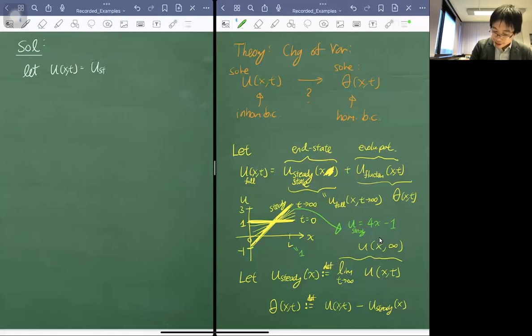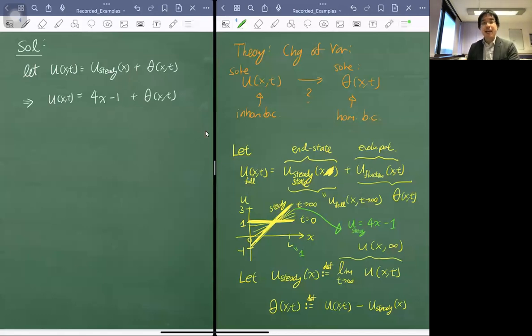But I'll just write a few more words for clarity, instead of introducing too many symbols like this. You don't need to formally define it like this. You can just write one line to capture both new definitions, and have this equal to 4x minus 1 plus theta of x, t. Okay, so that implies that. Okay, good.